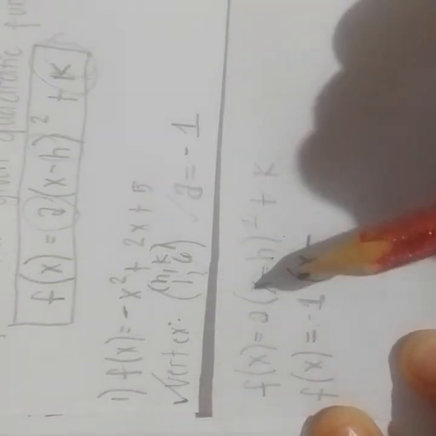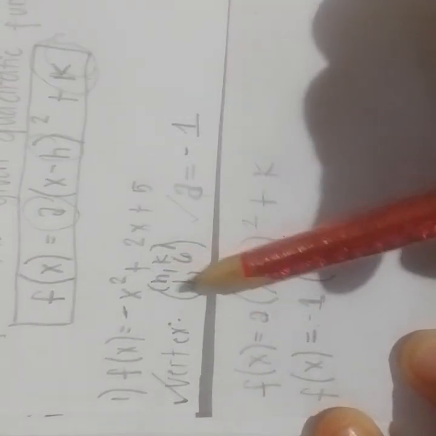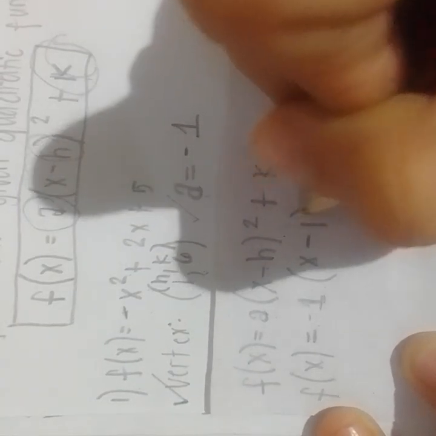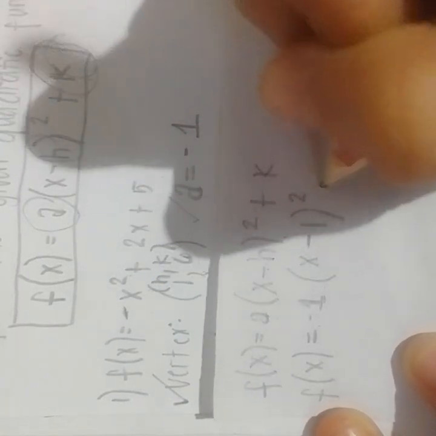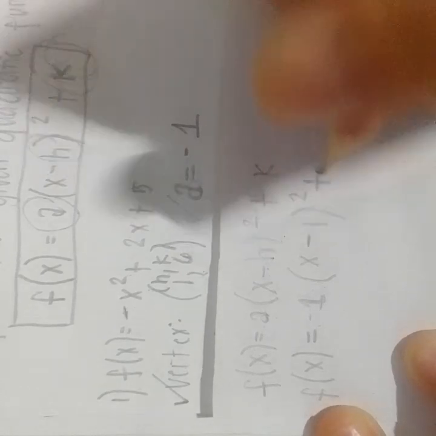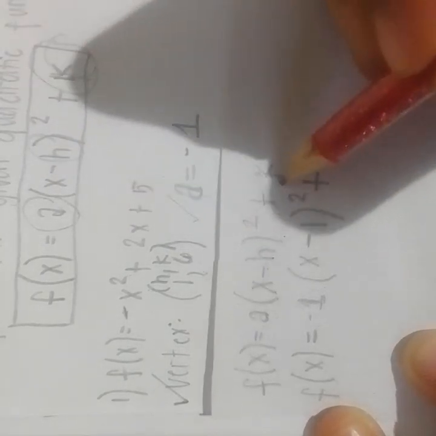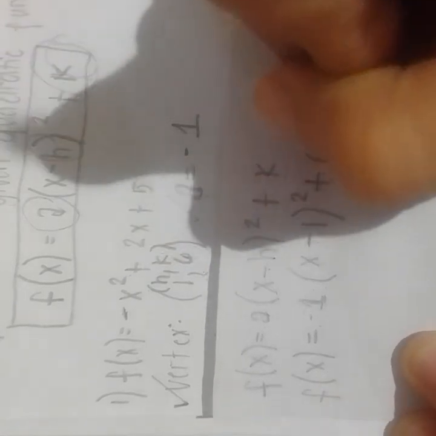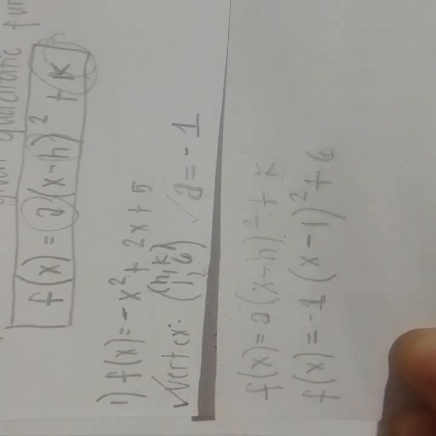So, the value of our h here is positive 1. So, write 1 here. Close parenthesis, the power of 2, following the sign that is plus, and then comes the value of k. Your k is positive 6. So, write 6 directly. That is positive.